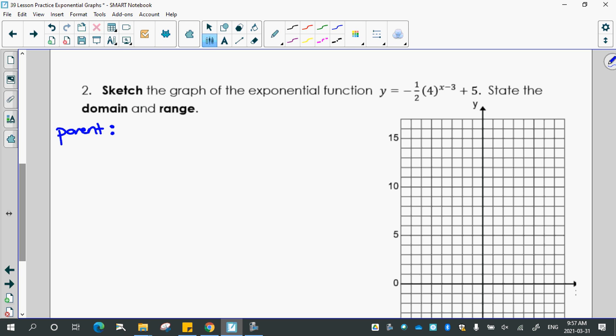Jackson? Y equals 4 to the x. How did you know that? So if you're not sure and you're worried, you always find your exponent and look at what's right before it. Okay, so there's my exponent. What's right before it is 4, so my parent must be y equals 4 to the x. Okay, so now I have to make a table.